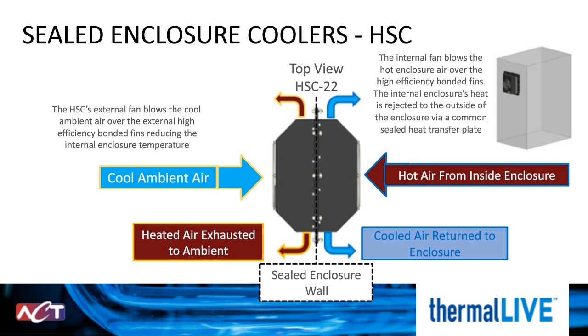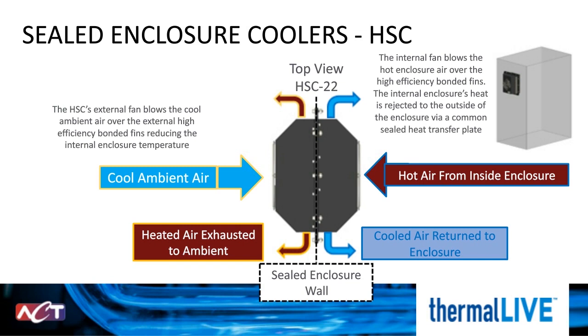This is typically at a rate of 167 watts per meter Kelvin, via the thermal conduction of aluminum. The heat that is conducted to the external fins is then dissipated to the external ambient via a fan. These are used in rough environments that require NEMA rating and isolation from the external environment.